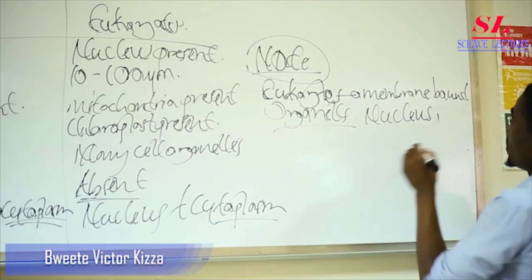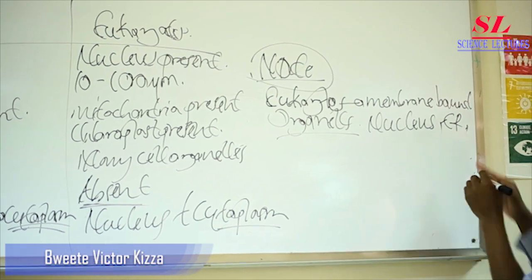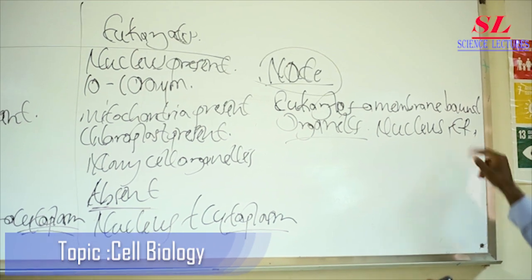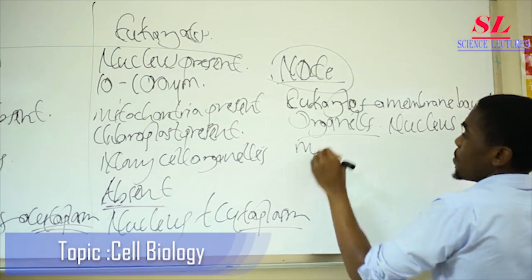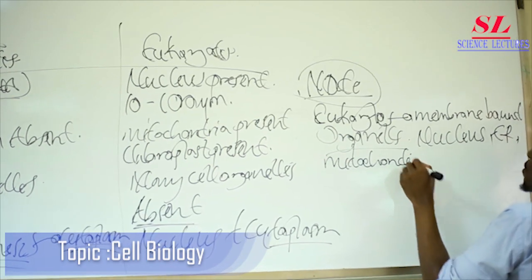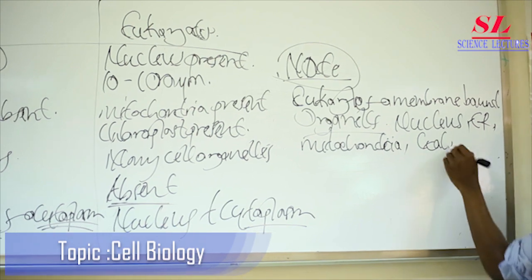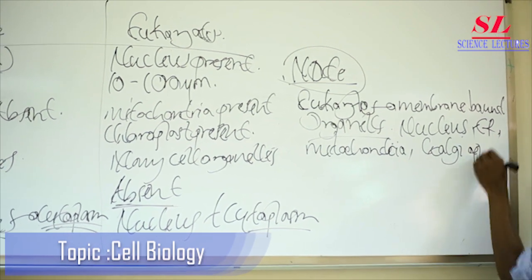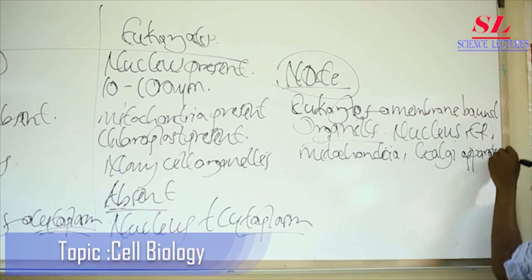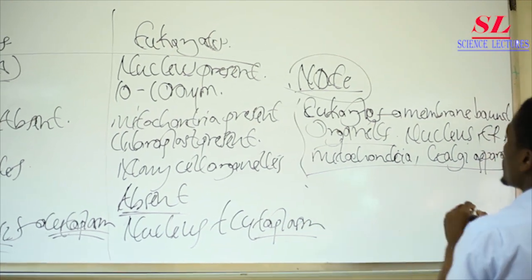Then we can as well list the endoplasmic reticulum, ER, which can be either rough endoplasmic reticulum or smooth endoplasmic reticulum, the mitochondria. Then another component also called the Golgi apparatus. So all these are membrane-bound organelles.